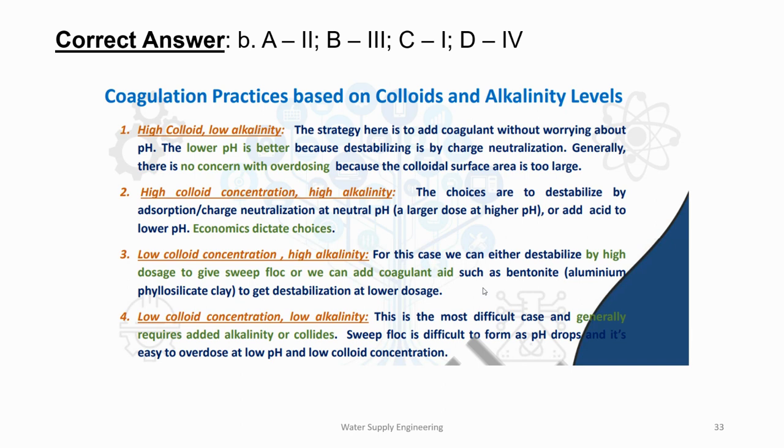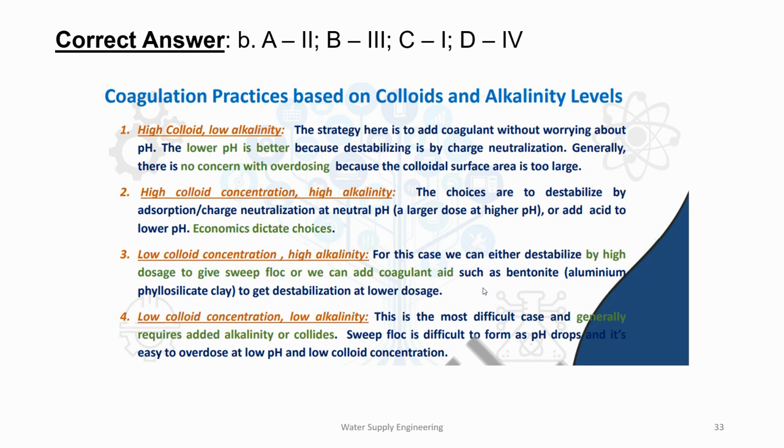So when the alkalinity is high, we need more dosage. So these are the two options. It depends upon the financial status. If we have economic feasibility, we can use more dosage, or else we should go for adding a particular acid, lowering the alkalinity, and then adding an optimum coagulant.